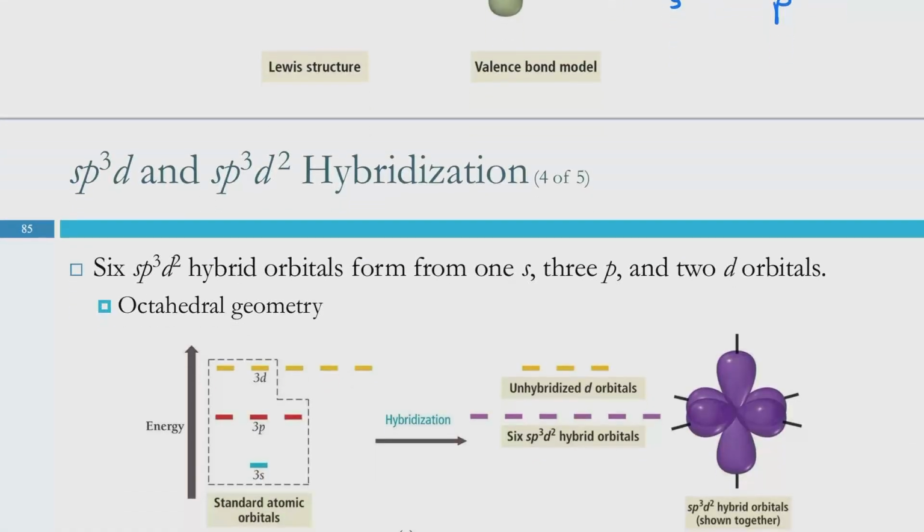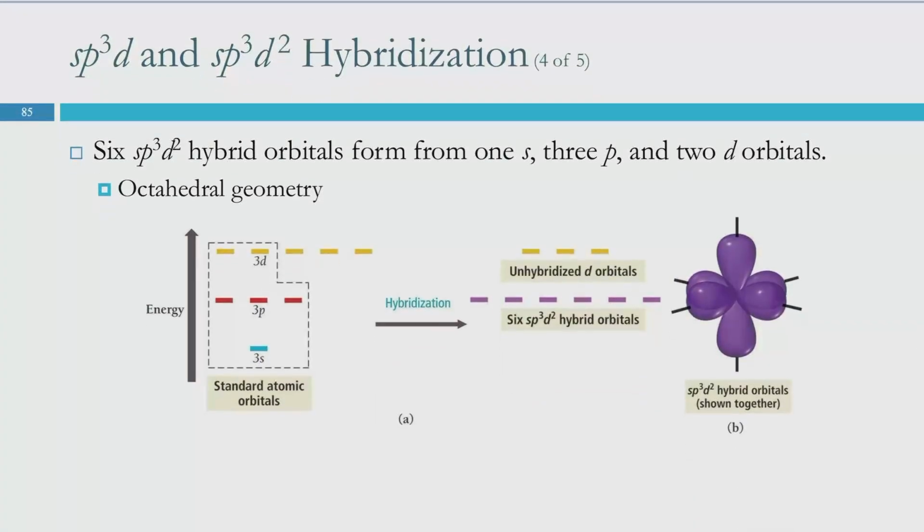We can also have sp3d2 hybrid orbitals, so looping in yet another d orbital. We're putting 6 orbitals in, so of course we're getting 6 orbitals out. 6 atomic orbitals in, 6 hybrid orbitals out.